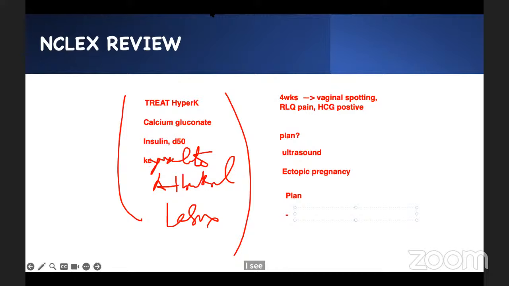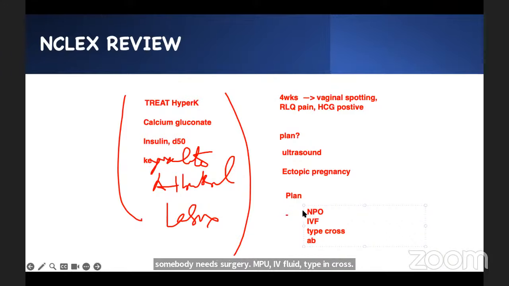But what do you want to do? You can't just take this patient to surgery, right? Potential rupture, fix them, right? Every time somebody needs surgery: NPO, IV fluid, type and cross, an antibiotic. Just make sure they're ready for surgery.